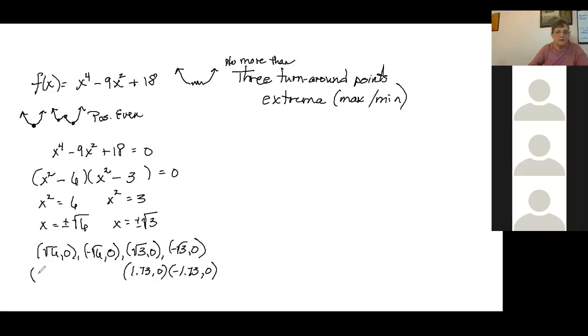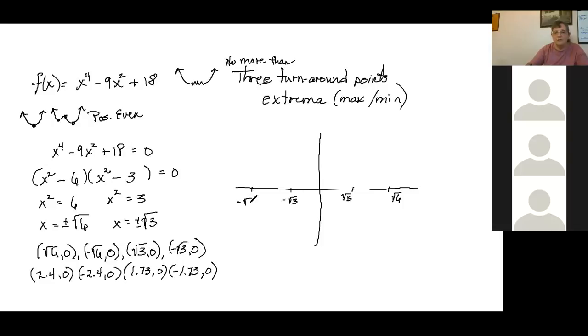So this is about 2.40 and negative 2.40. Since I don't know exactly where these numbers are on the number line, I know the square root of 3 is going to be in between 0 and the square root of 6, and the negative square root of 3, and the negative square root of 6 would be in this order. The square root of 6 is farther from 0 than the square root of 3.